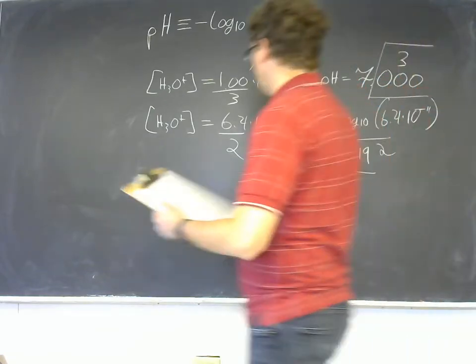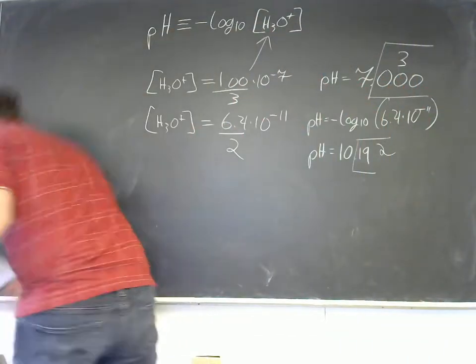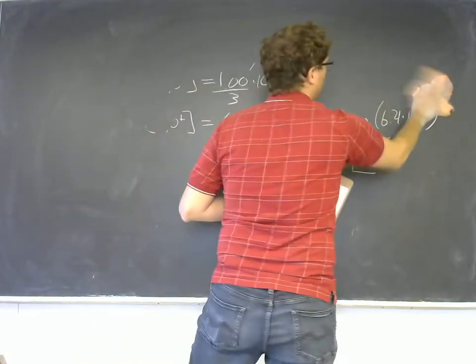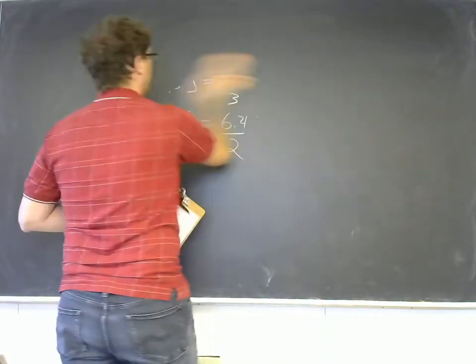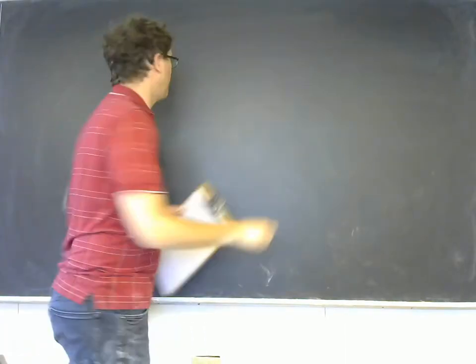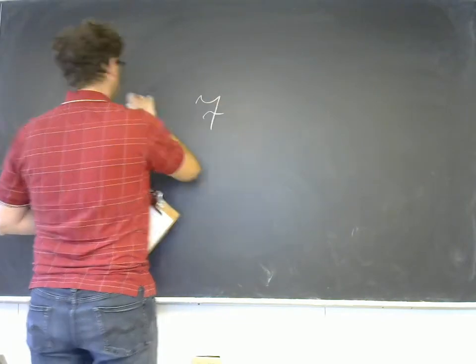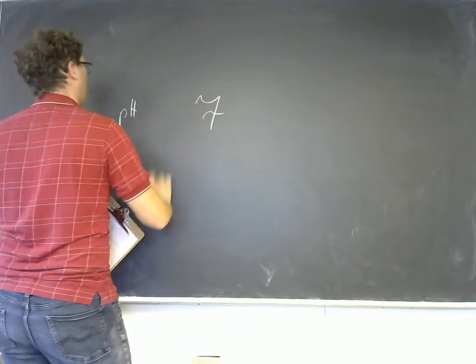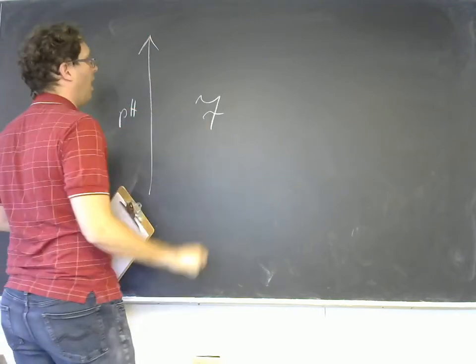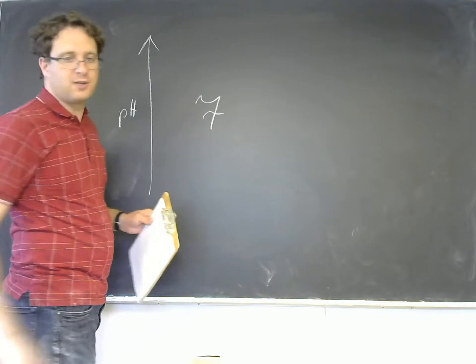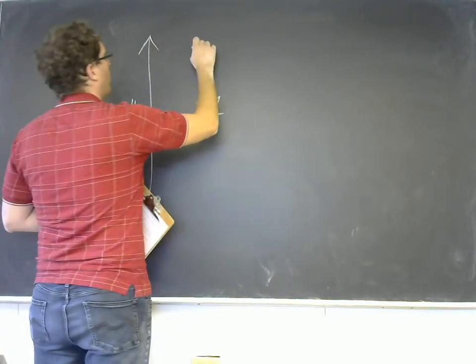So you're probably used to talking about pH of 7 as being neutral. I think that's something that most college students have been exposed to a little bit. And so on the pH scale, when you have larger pH values, then those are more basic.